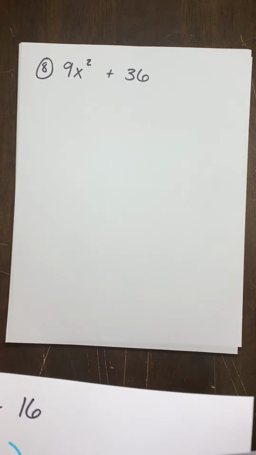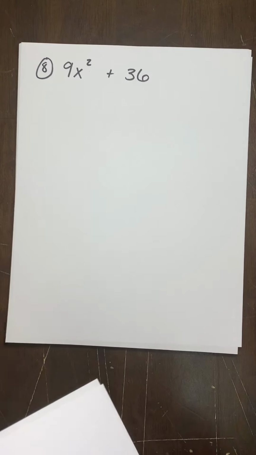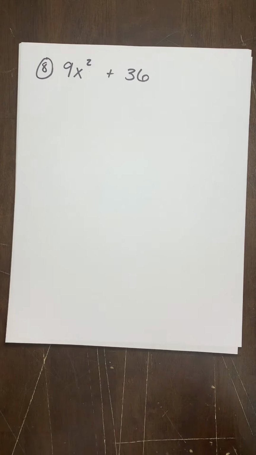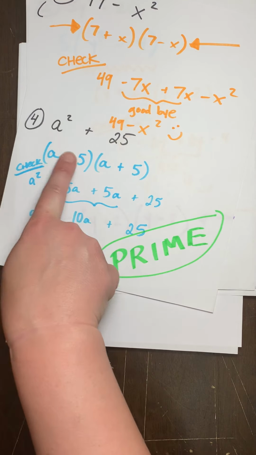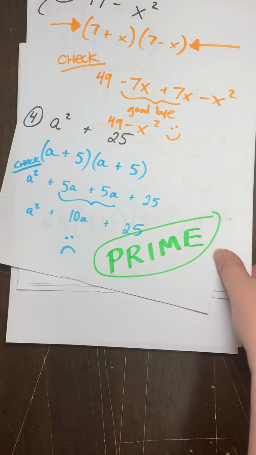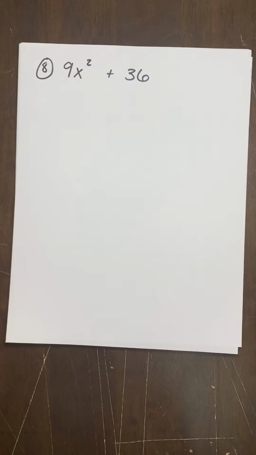See, where did we have a sum of squares before? Number 4. If you look back at number 4, that was prime because there's no GCF. But number 8, there is a GCF. You have to acknowledge the GCF. The GCF is 9.